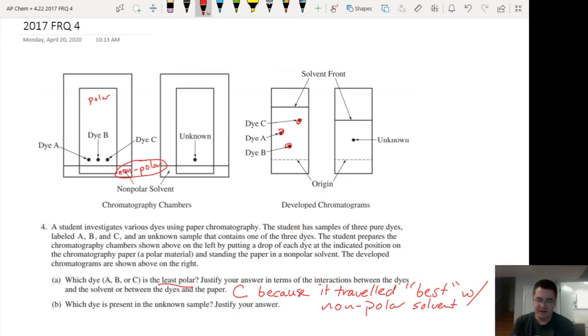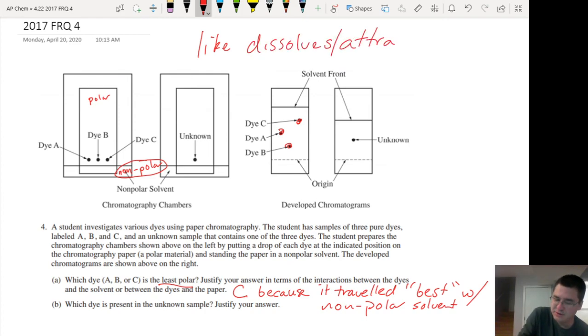Okay, so you guys got to remember the like dissolves or attracts. This is weird. It's different. You know the phrase opposites attract? Well, in the case of polar versus non-polar, polar things are attracted to polar things, and non-polar things are attracted to non-polar.